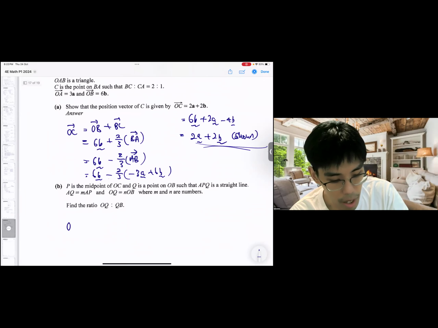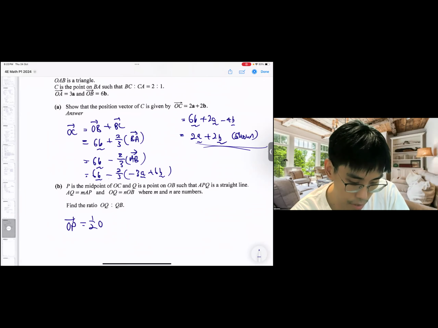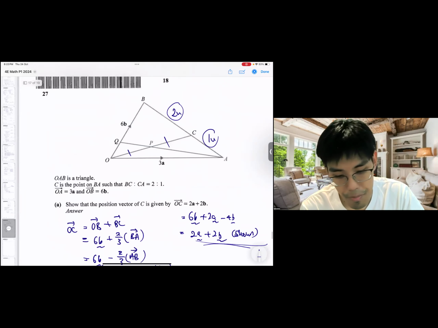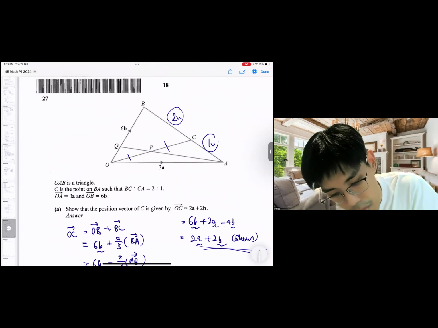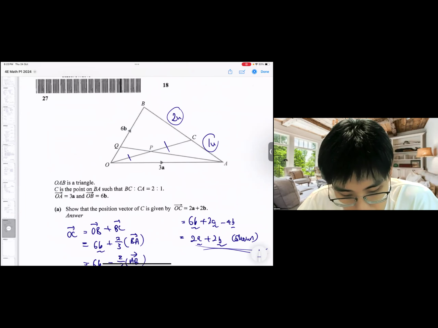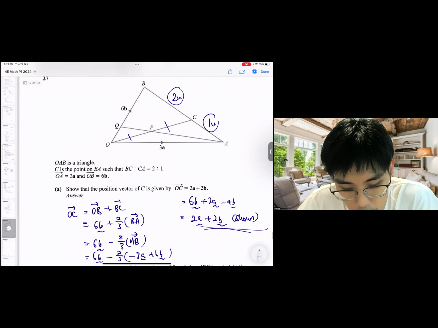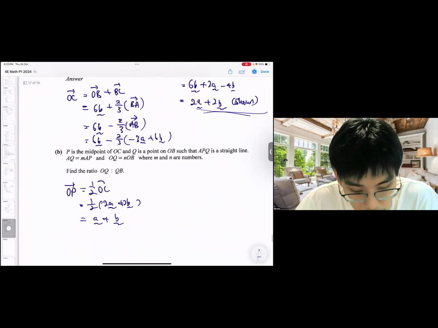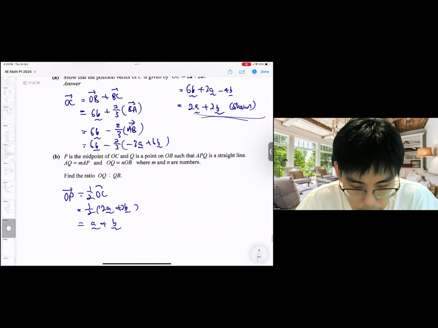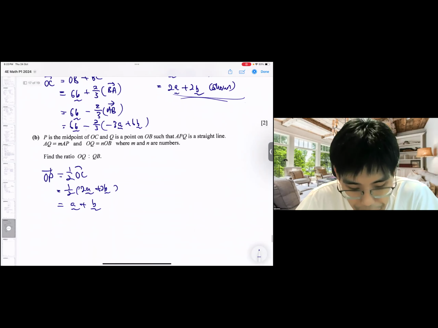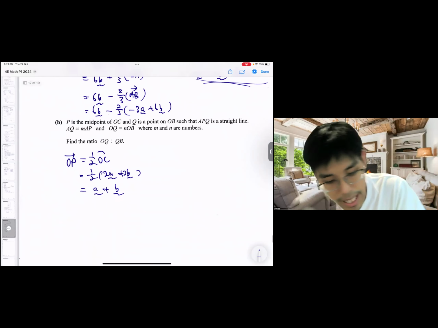Okay, since OP is half of OC, equal to half of 2a plus 2b, it equals a plus b. I can find AP though. AP is something that I can do.